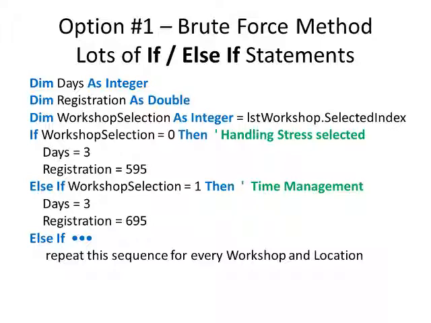That's handling stress. I set days equal 3 and registration 595. Otherwise, if the workshop selection is number 1, then somebody would have selected time management. The days would have been 3 and the registration is 695. I'd have to repeat this sequence for each workshop and then do another set of if-else statements for the location.